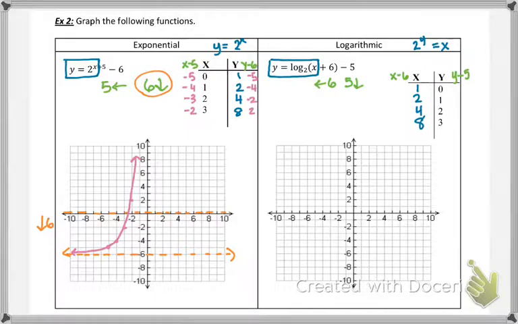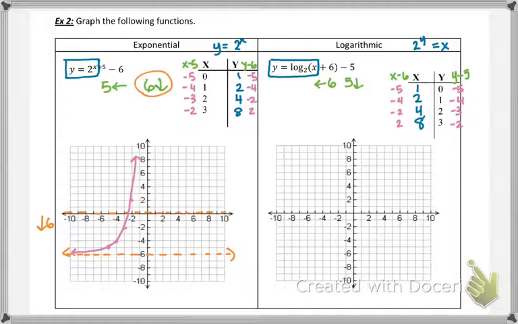So 1 minus 6, negative 5, and I'll do that in a different color as well. And 2 minus 6, negative 4. You might recognize that these are just the exact same values that I got earlier in the y column, so you can write them down: negative 2, 2. And the y column, y minus 5, is the same as the x column right here. 0 minus 5 is going to be negative 5, so you just have to take your old table and swap it.